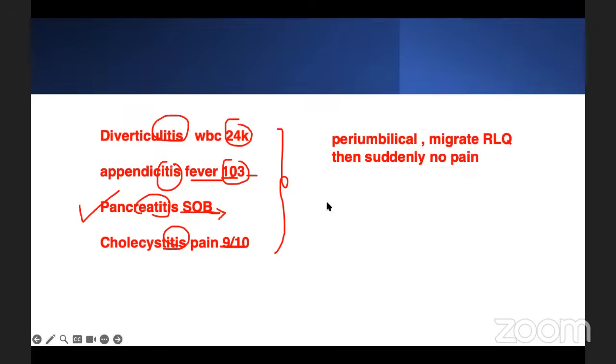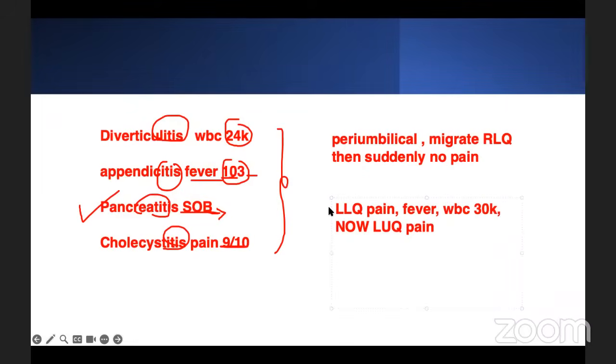That's your number one. Then left lower quadrant pain. He has fever. His white count is 30,000. Now, left upper quadrant pain. Who do you see?